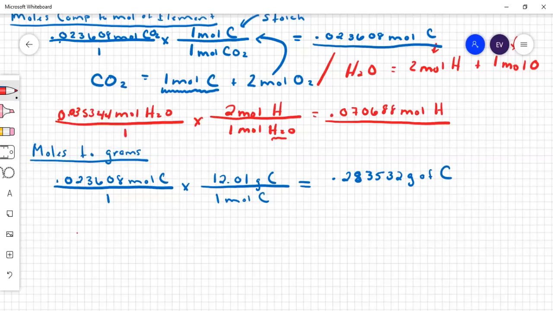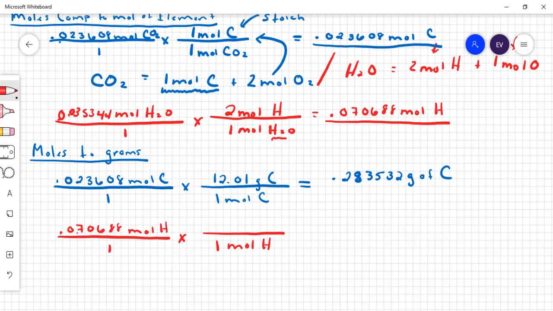All right, let's go with hydrogen. Hydrogen has 0.070688 moles of hydrogen, and I'm going to take those to grams. I know that 1 mole of hydrogen, and this is the atomic mass now, has an atomic mass of 1.008 grams of hydrogen. Make sure to cancel these out here and here.